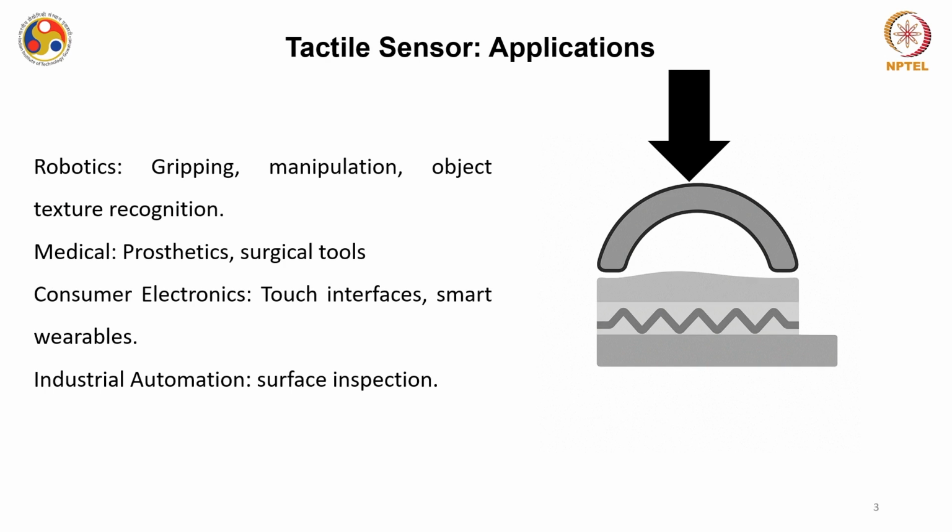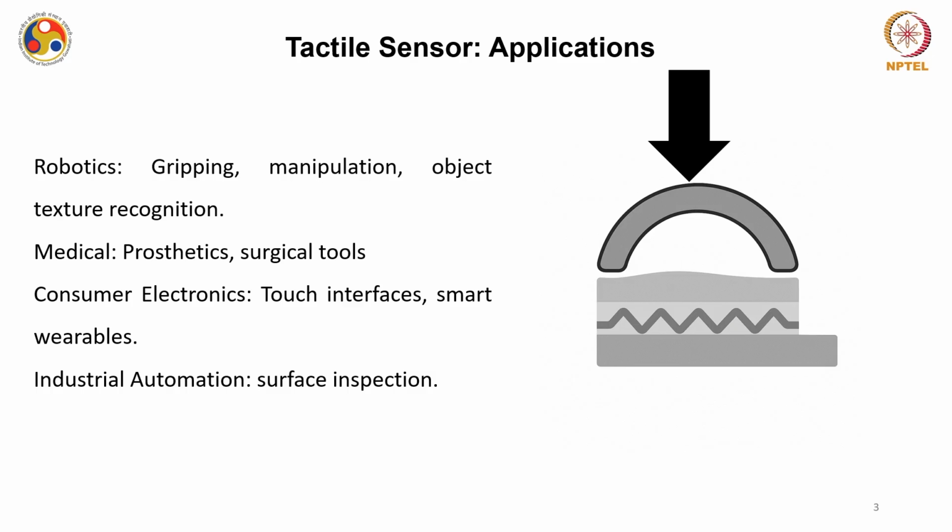The applications of these tactile sensors are really vast. In robotics it is very popular for gripping, manipulation, object texture recognition and electronic skin. In medical, prosthetics and surgical tools are based on these tactile sensors.